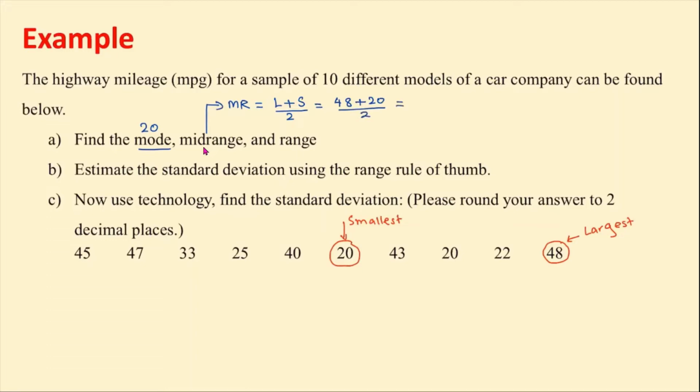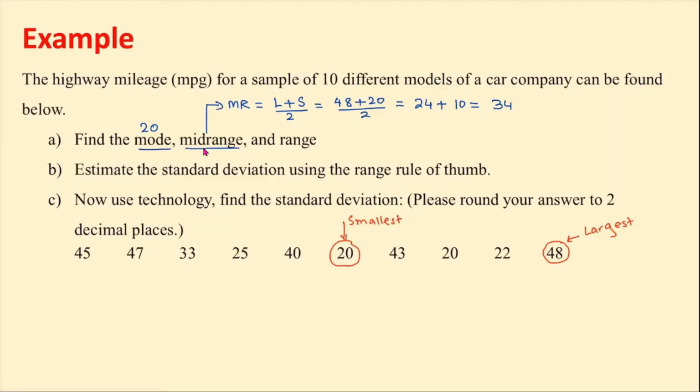So that will be, you can see here 48 divided by 2 is 24, then plus 20 divided by 2 is 10. So 24 plus 10 is 34. So the value of the mid-range is 34.